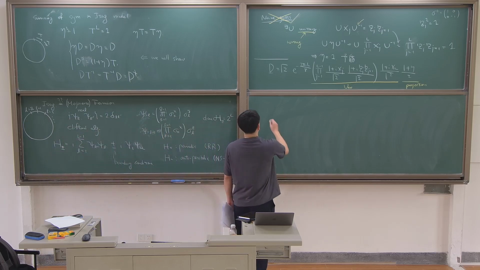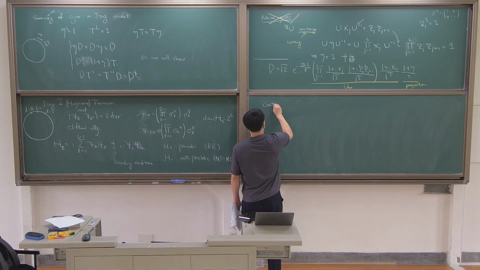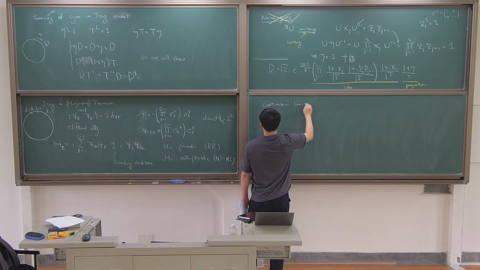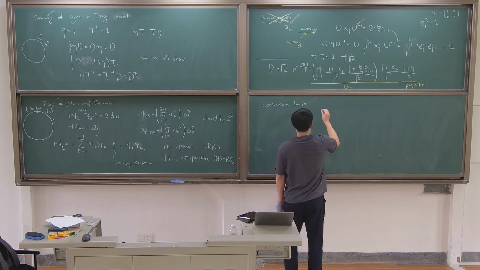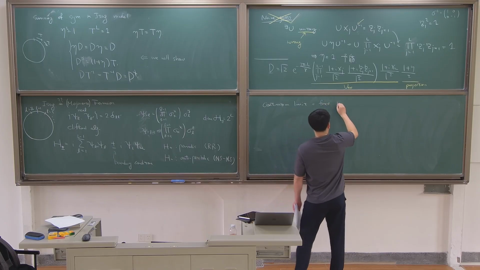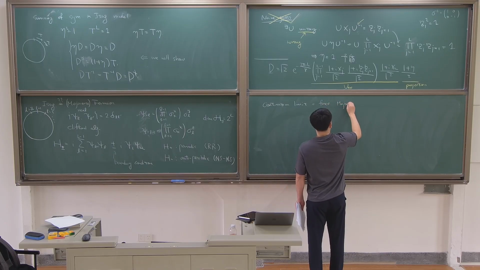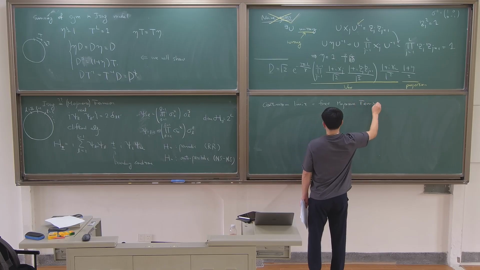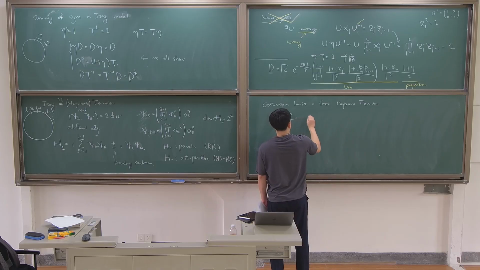And then the continuum limit of this discrete system is equal to a free Majorana fermion. So the Lagrangian is something like this one.